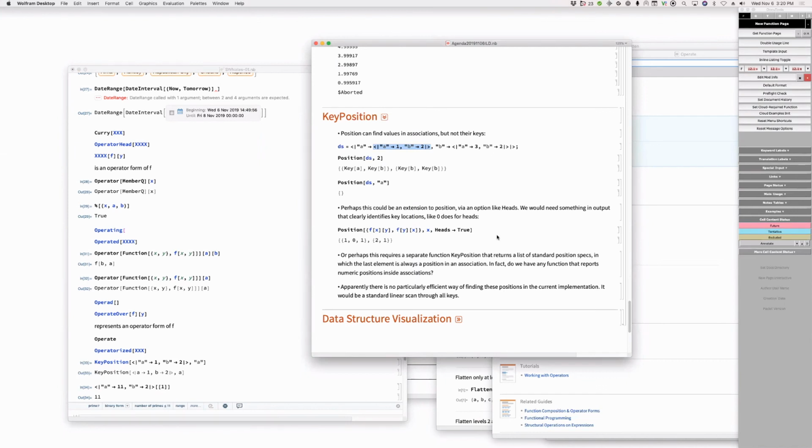I'm not sure. So I don't think we need this function, key position, or the possibility of finding positions in nested associations.